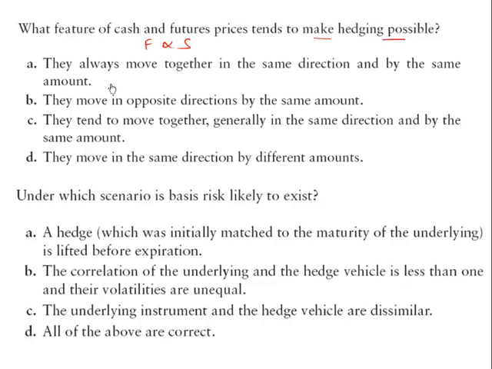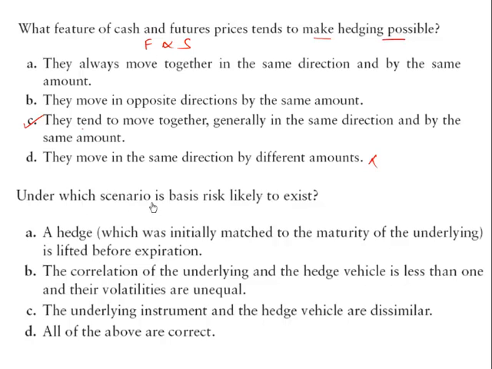Not always. Do they move in opposite directions by the same amount? No. They tend to move together generally in the same direction and by the same amount. That's true, except for a small basis risk. They move in the same direction by different amounts is incorrect.